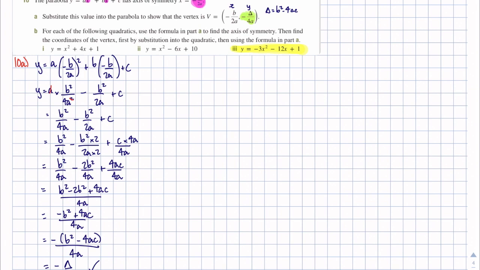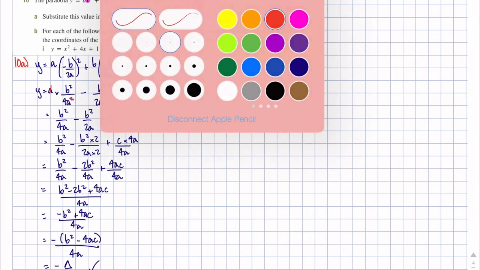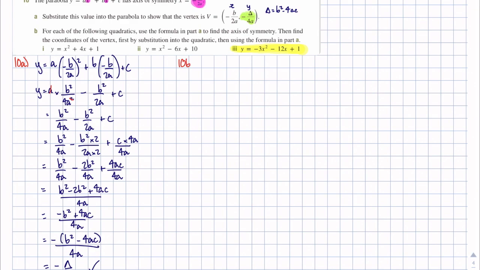Okay, so for 10b number 3, I know a is minus 3, b is minus 12, and c is 1. So if x equals minus b over 2a, then that's minus negative 12 over 2 times negative 3, which gives me negative 12 over negative 6, which is positive 2... sorry, negative 2.